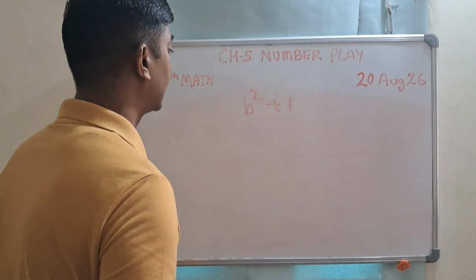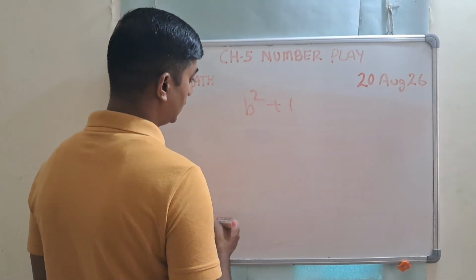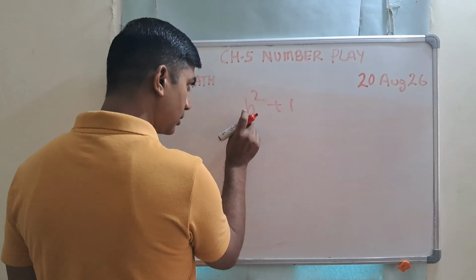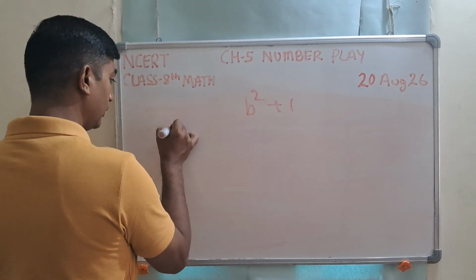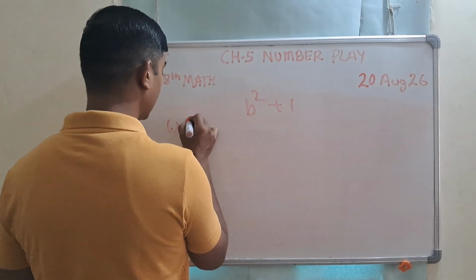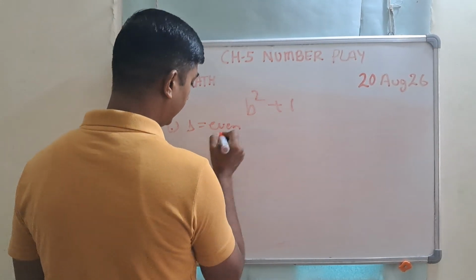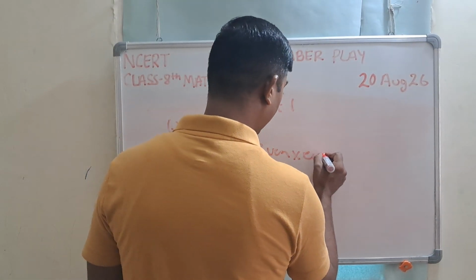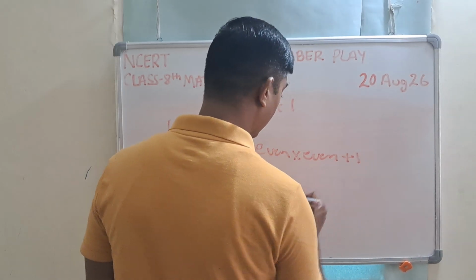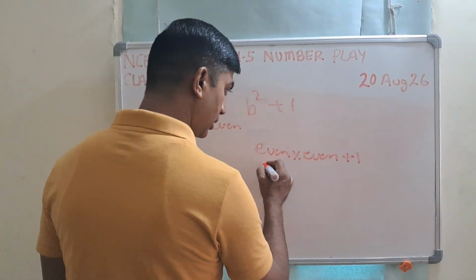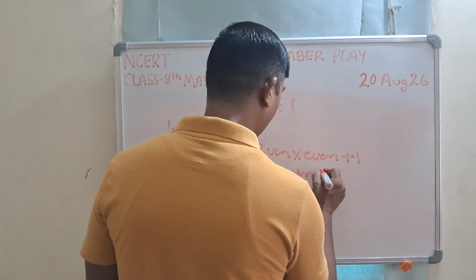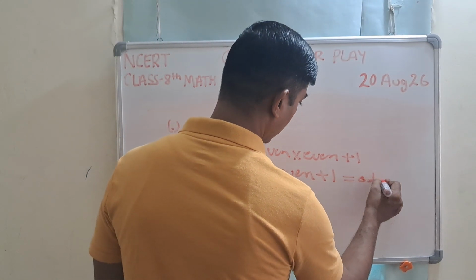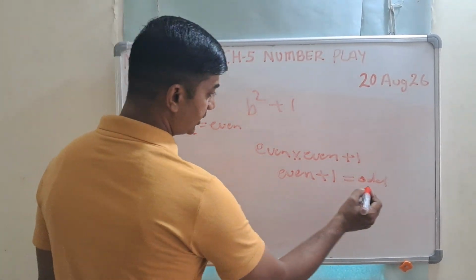What we can see is, case 1, if b is even: even multiplied by even plus 1. So what will be our result? Even into even is even, and 1 is odd. Even plus odd is odd. So when b is even, your result is odd.